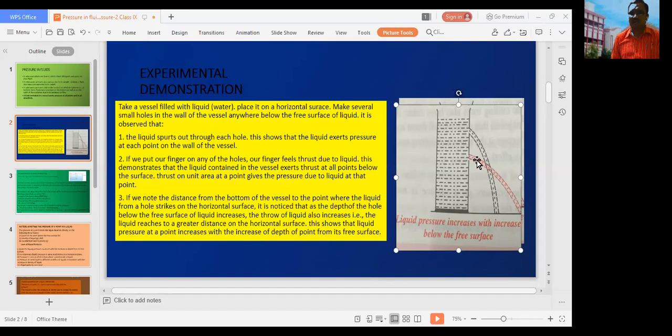This means that as we go down, pressure increases. As depth increases, pressure also increases.